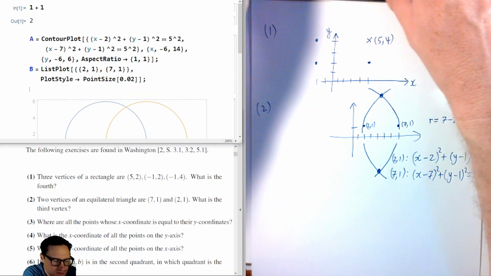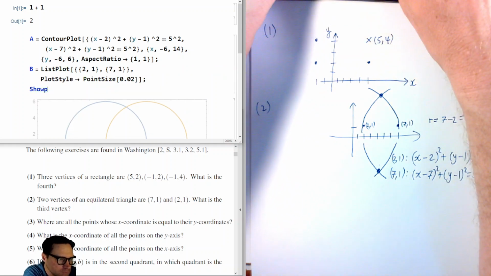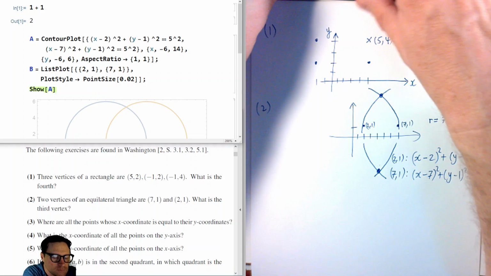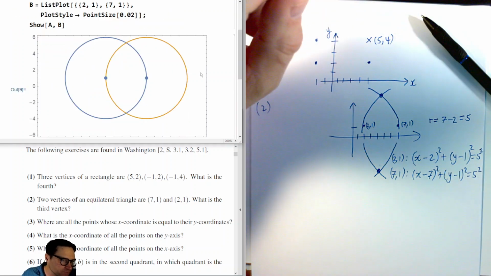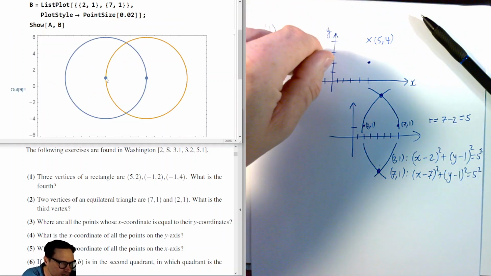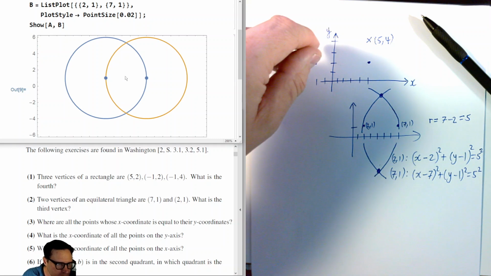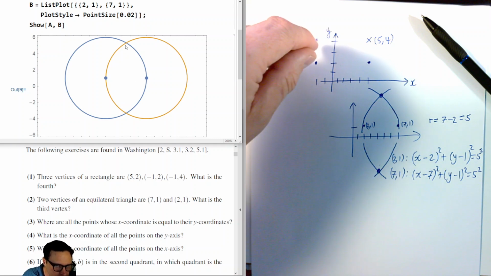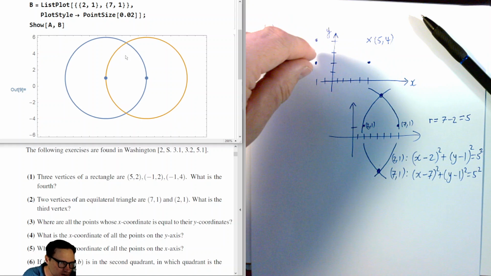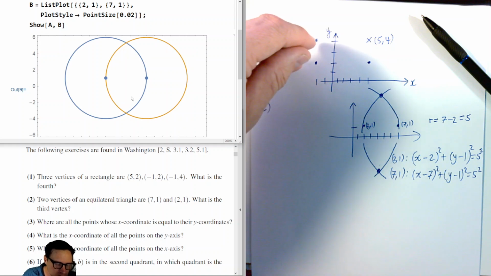And then let's show the two of those together. Okay, so there we have it. Here is the point (2, 1). Here's the point (7, 1). And these two intersections here are the 2 points we're looking for.